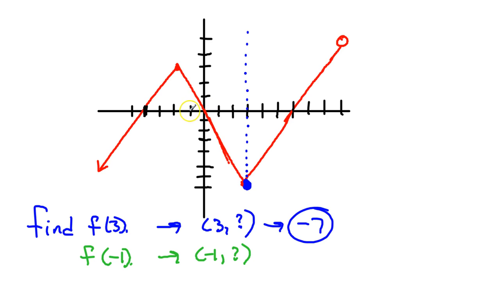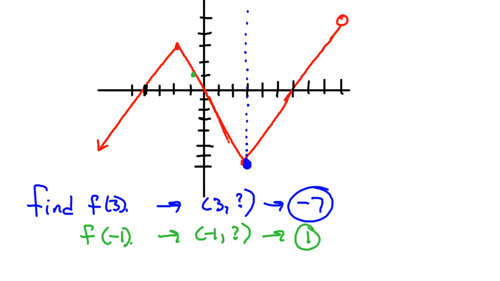So if you go to negative 1 on the x-axis, that's right here, you go up to this point, which is at positive 1. So for that answer, that would just be 1. If they give you a graph like that, you're just trying to figure out, here's the x value, move up or down until you hit the y value that would be on the graph of that line that you're looking at.